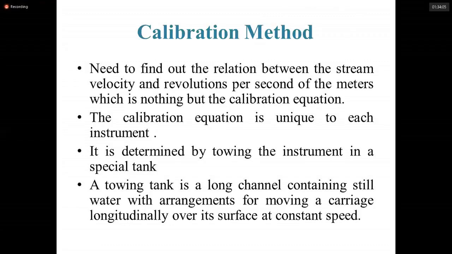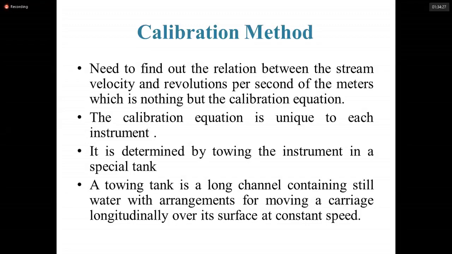So the calibration equation is unique to each instrument. The current meter producers have to use this method separately for each instrument and get the A and B values. It is determined by towing the instrument in a special tank.